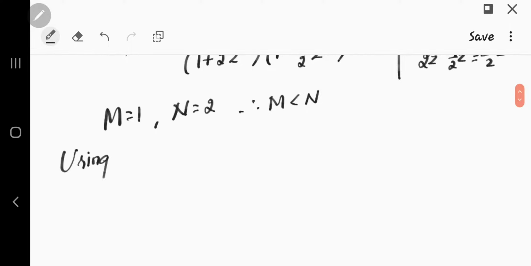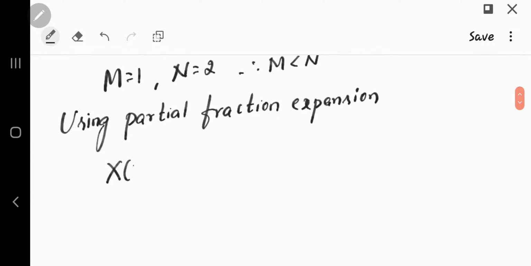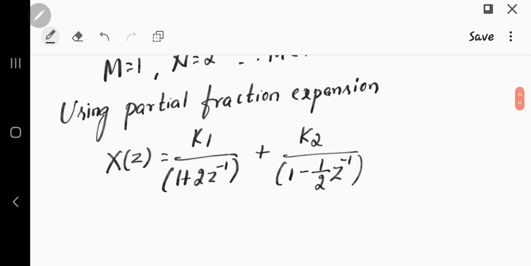Using partial fraction expansion, we can write X(z) = K1 / (1 + 2z⁻¹) + K2 / (1 − (1/2)z⁻¹).